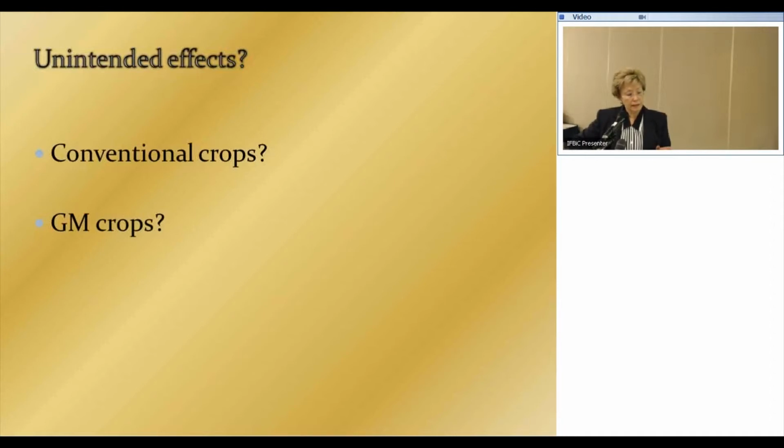As far as GM crops are concerned, there are a few examples. One is the yellow rice, where there were changes. It was an unintended effect. So there are unintended effects, but I think due to the competence of the plant breeders, they're much less than where there really would be a problem.